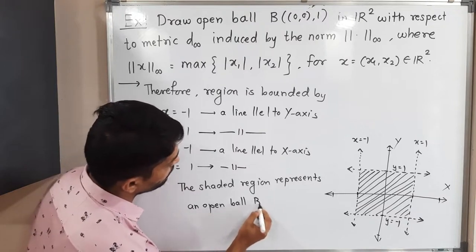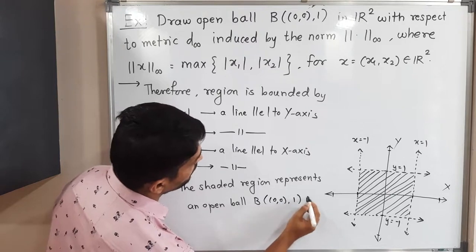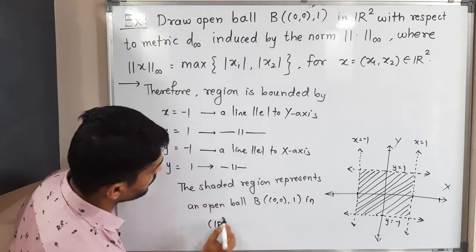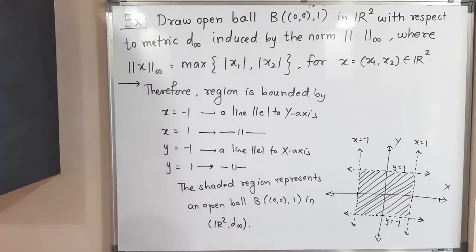What was the open ball? B of (0, 0), 1 in the metric space R2 with d infinity. So we have got that this is an open ball, B(0, 0; 1), center (0, 0), radius 1. Actually it's a square we have got. It's not circular, it's a square. This is the required open ball. Make a screenshot of it, then we will stop. Thank you. Bye bye.